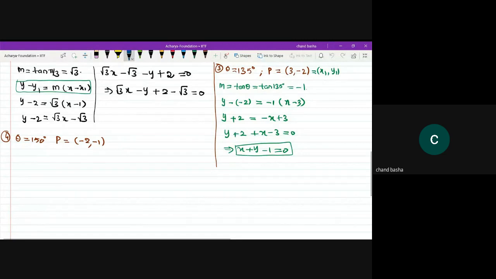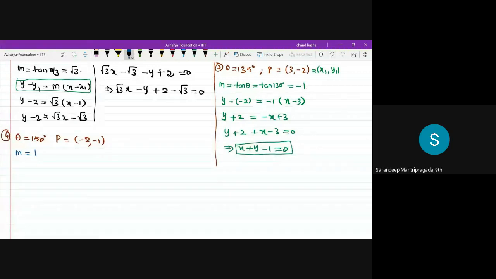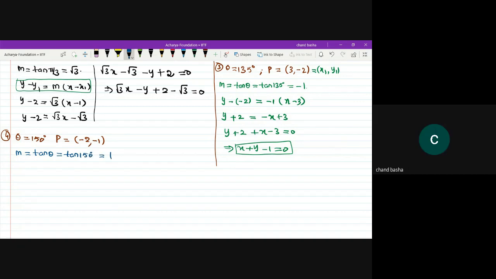Should we rationalize the fraction? No, you can keep it as it is. Tan theta is equal to tan 150. If you're not understanding, you can write it as 180 minus 30. That is minus tan 30, that is equal to minus 1 divided by root 3. This is the slope, minus 1 divided by root 3.